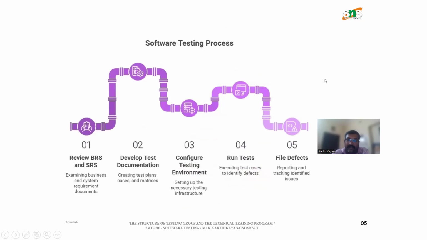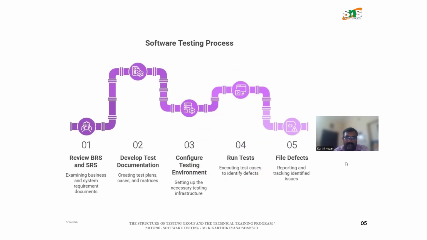So this is the software testing process. First, review the PRS and SRS, the software requirement specification. Second, develop test documentation. Third, configure the test environment. Fourth, run the tests, and fifth, file defects.